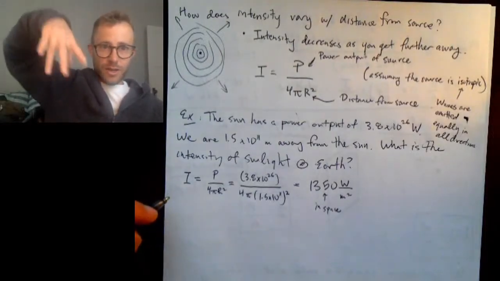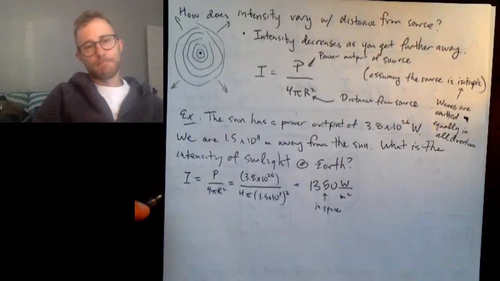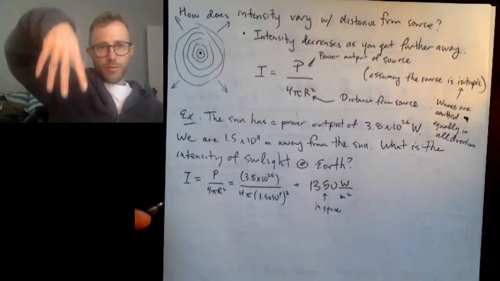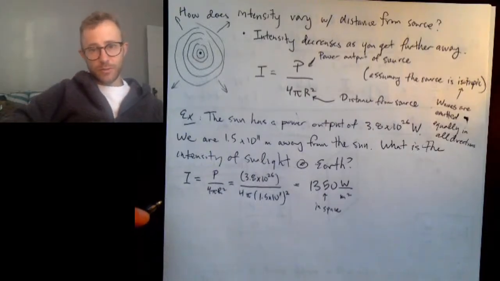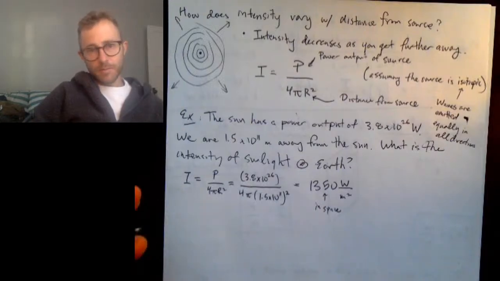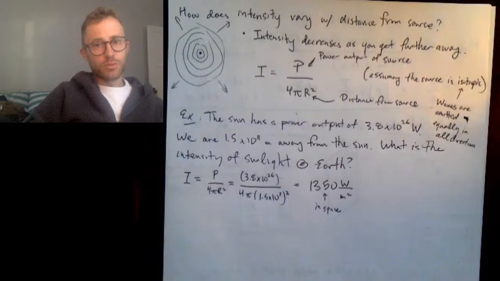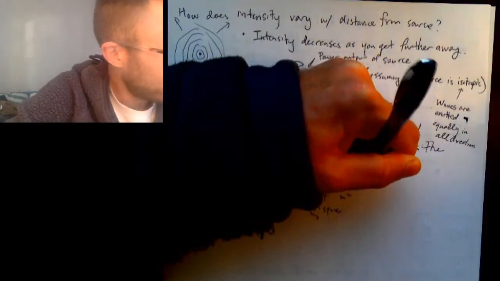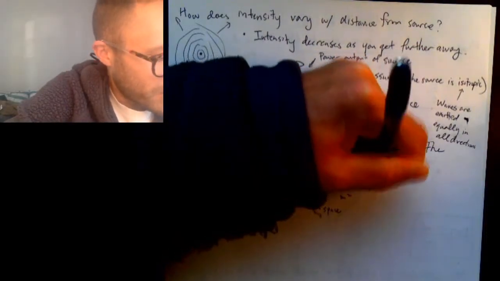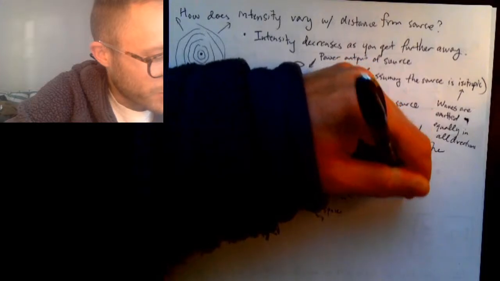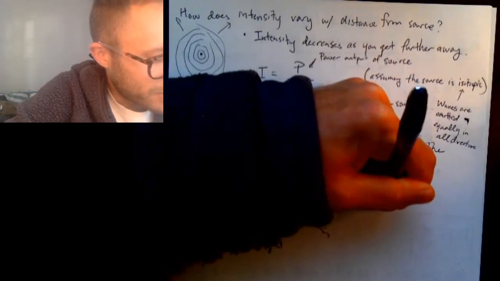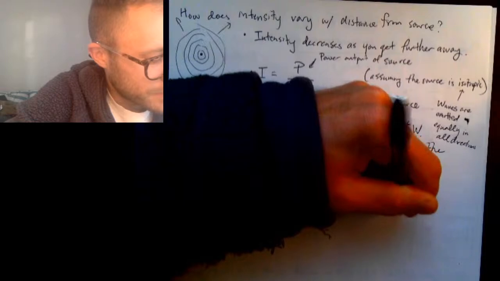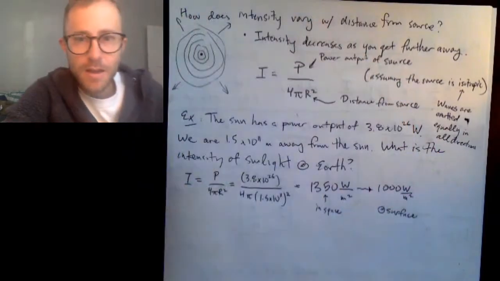So as the sunlight is traveling down through the atmosphere to us on the surface, some of that sunlight is being absorbed by the atmosphere, which reduces the intensity. So the energy received at the surface is less. Okay, so it's only about 1,000 watts per meter squared at the surface.